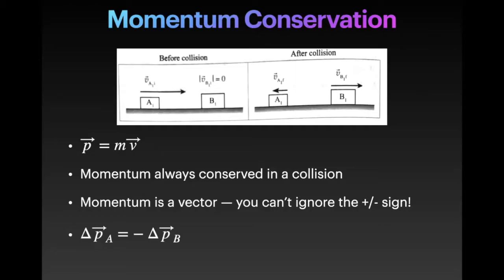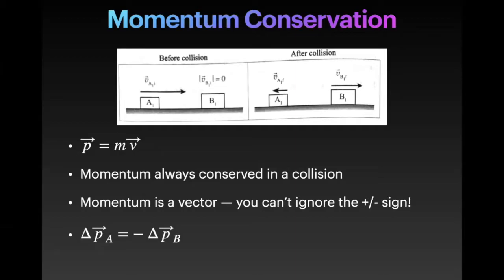Because the momentum of the system doesn't change, if you have a change in momentum for object A, it's going to have the same magnitude as the change in momentum for object B, but they're going to have opposite signs.